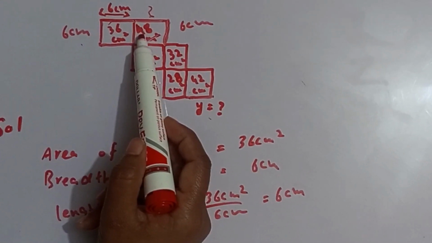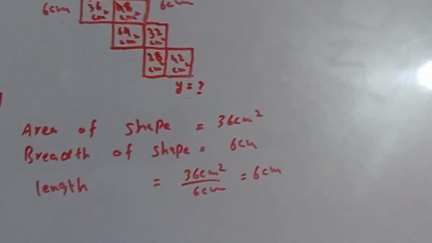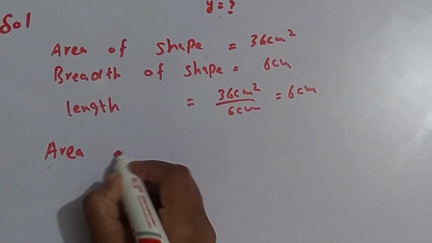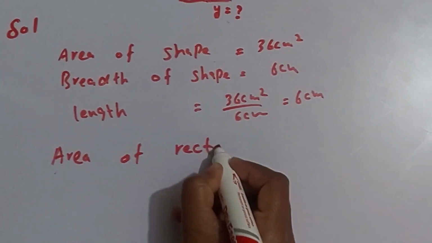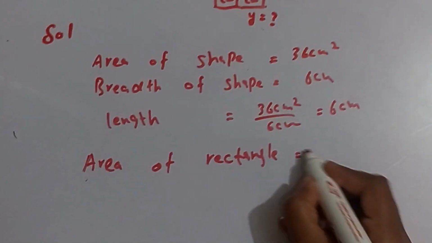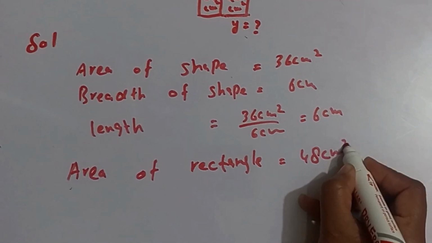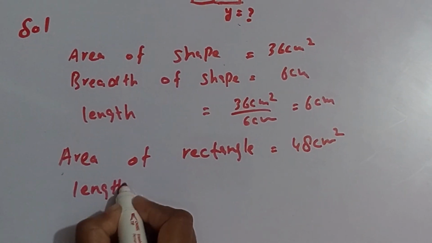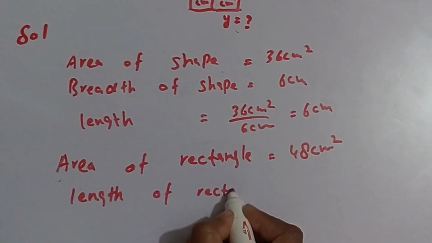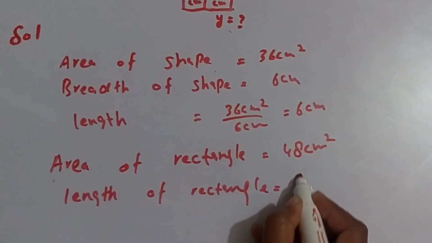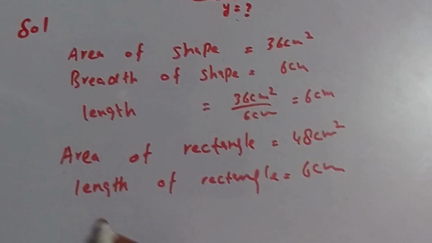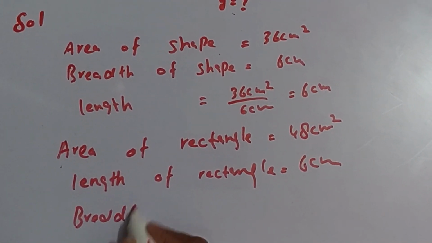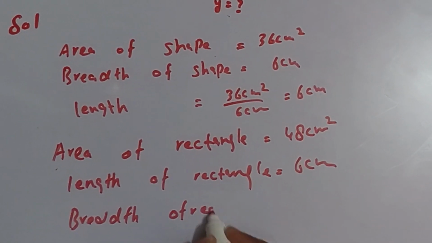In this case the area is given, which is 48 centimeter square. So the area of the rectangle is given, which is 48 centimeter square, and the length is given. Length of the rectangle is also equal to 6 centimeter. So we need the breadth of the rectangle.